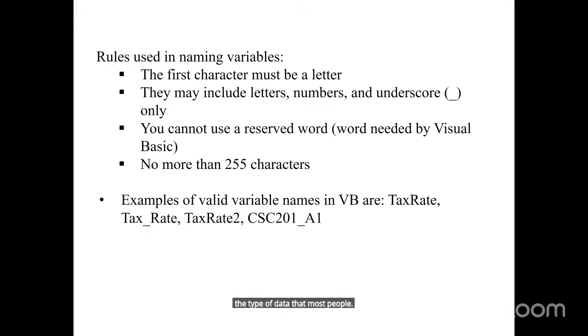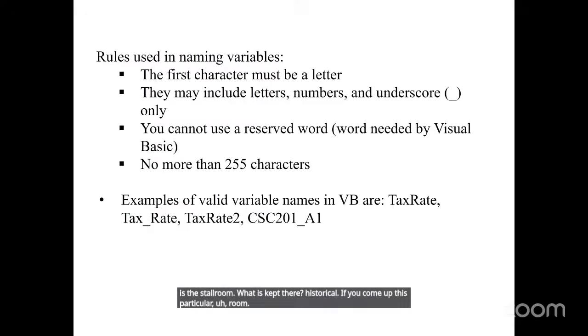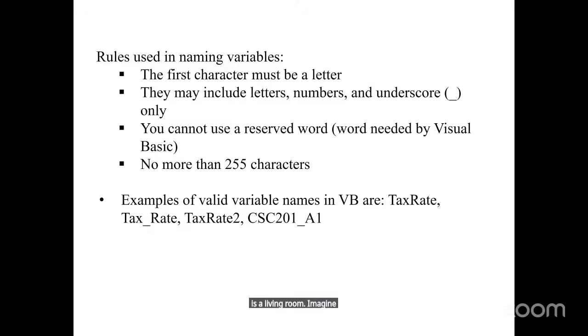For example, you have several places that have been named, each meant for a certain thing. Once a place is named, okay, this particular room is the storeroom, what is kept there is stored items. Imagine you call a place a living room and other things are stored there. That is what we call a mismatch.